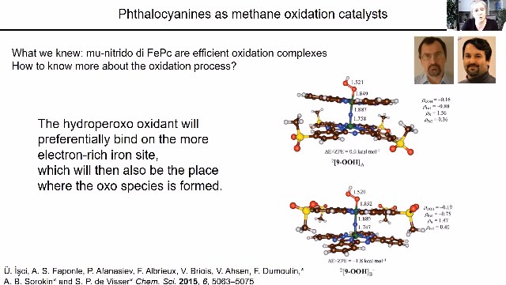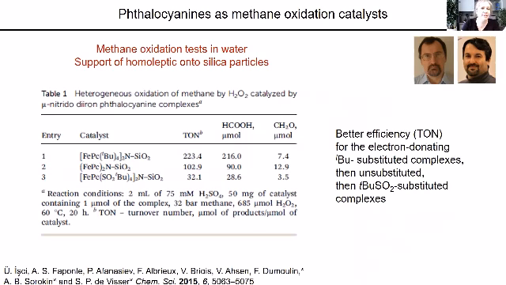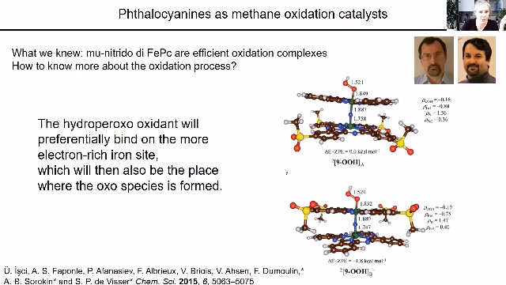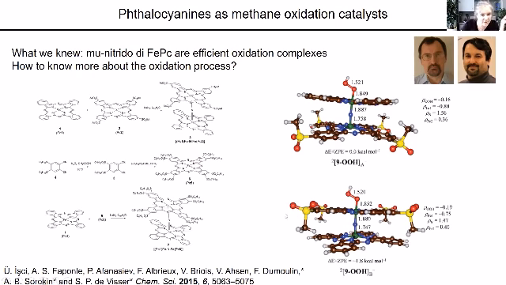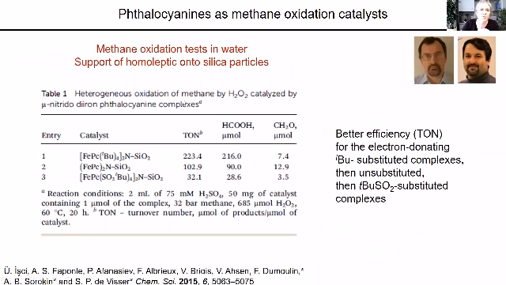Then, to be able to check it experimentally, what was done is to really test the methane oxidation in water. And of course, these molecules, just to show you the structure, are not soluble in water. So you cannot just put them in water because they will precipitate and then nothing is going to happen. So for this, you have to support them, and they were supported onto silica particles.